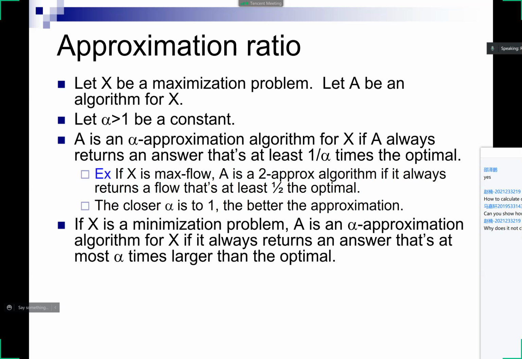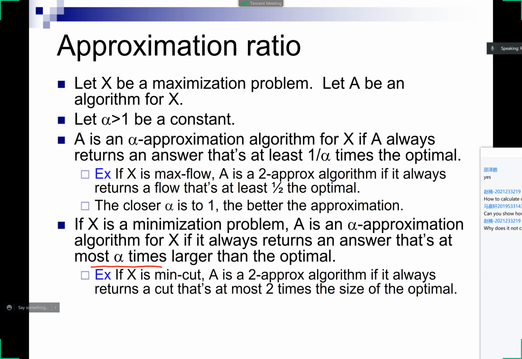Now if you have the opposite, where you have a minimization problem, so you want to make X as little as possible, then you can still talk about an alpha approximation algorithm. And now this algorithm is going to return an answer which is at most alpha times larger than your optimal. For example, if you're talking about min cut, so we're trying to find a very small cut here, then if you have a 2 approximation algorithm, it's going to find you a cut which is at most 2 times as large as the smallest cut.